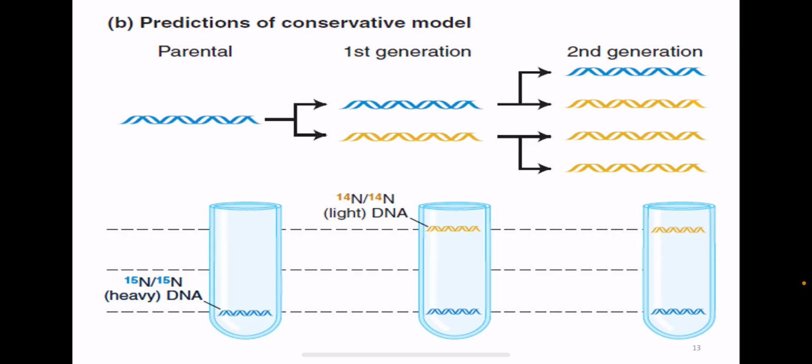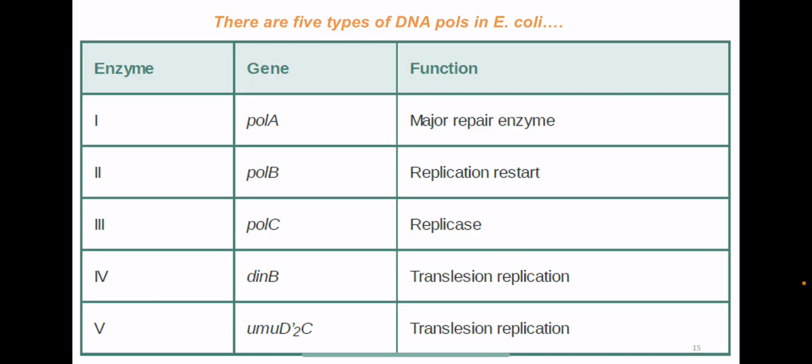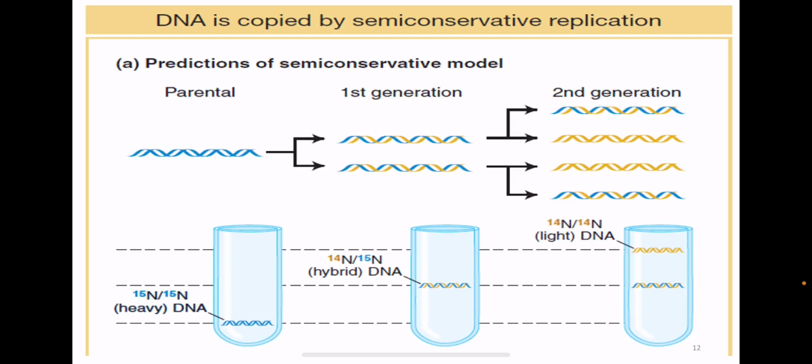So these are some experiments done, okay, to predict whether we are doing a semi-conservative, conservative or dispersive replication, right? So for the semi-conservative, you realize the DNA in the nitrogen 15 way is heavy, okay. So it's going to be at the bottom, right? But that's the parent molecule.